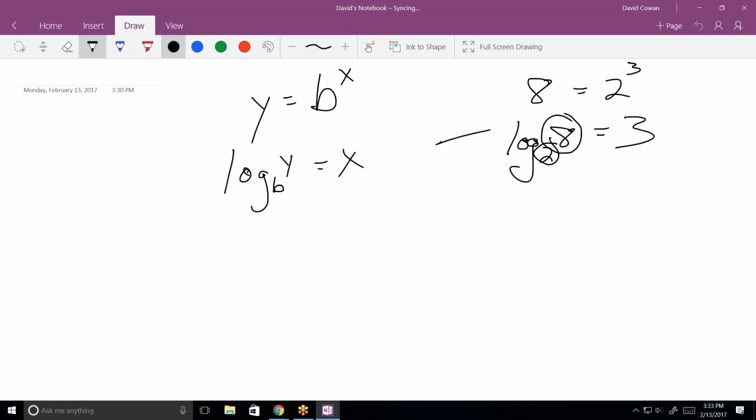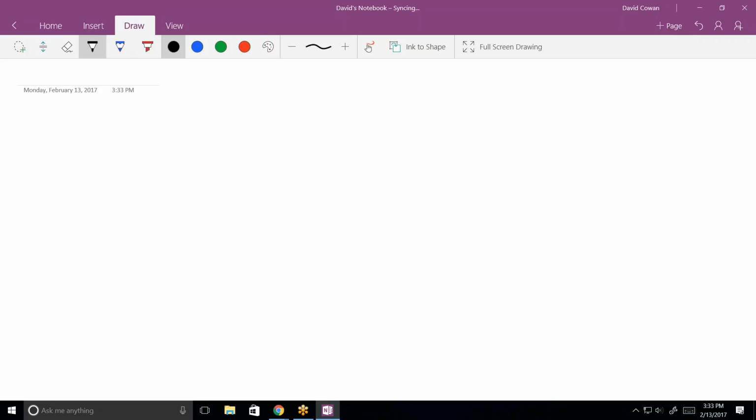All right. So as long as you can go back and forth between these two, that's a good first step. Now, there's a few very common rules of logs. The 3 primary ones. Let's even number them. What's the log of a times b equal to? I don't know.